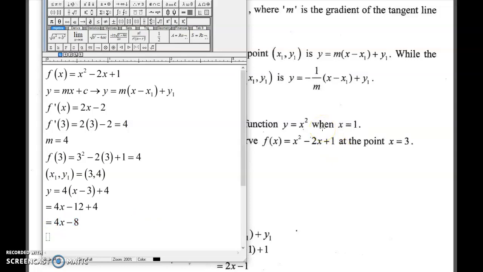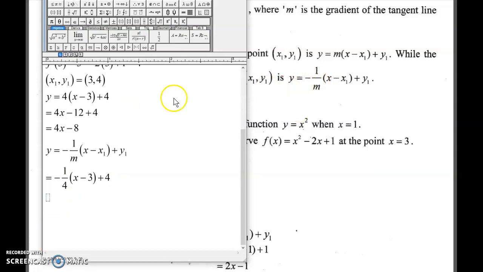Now the next thing to do is to find the normal line. Remember, the normal line is a line that is completely perpendicular to the tangent line, right? We're going to find that using this formula, similar but with a different slope, of course. We already have all of the information, which is m, x1 and y1.